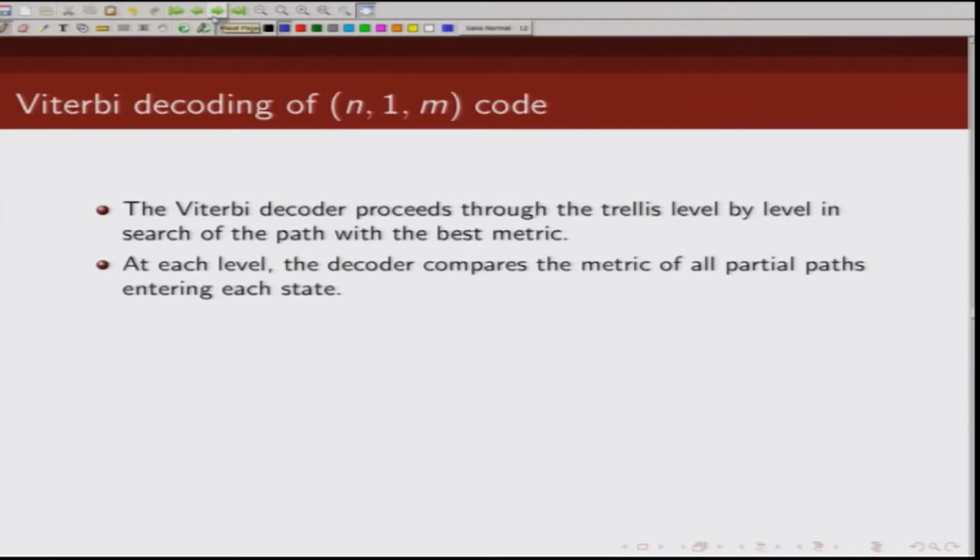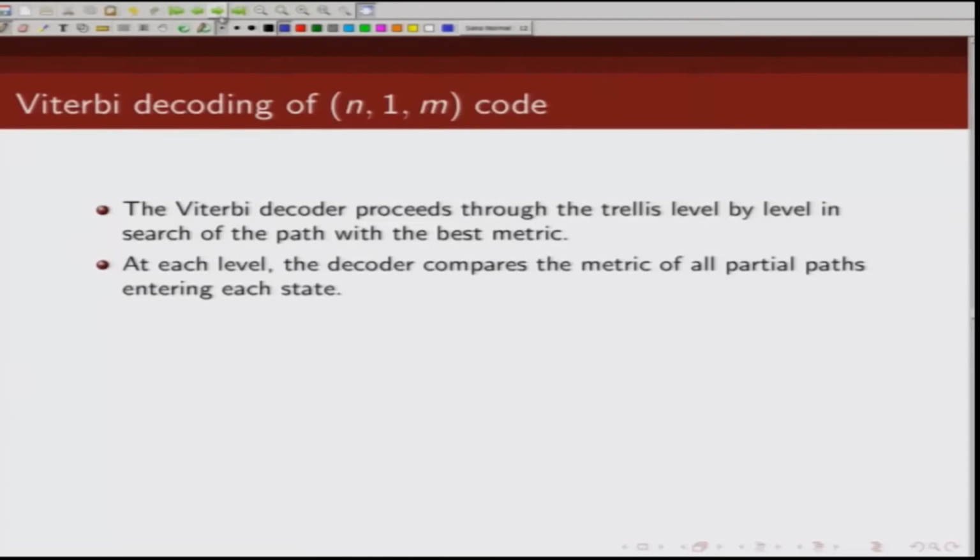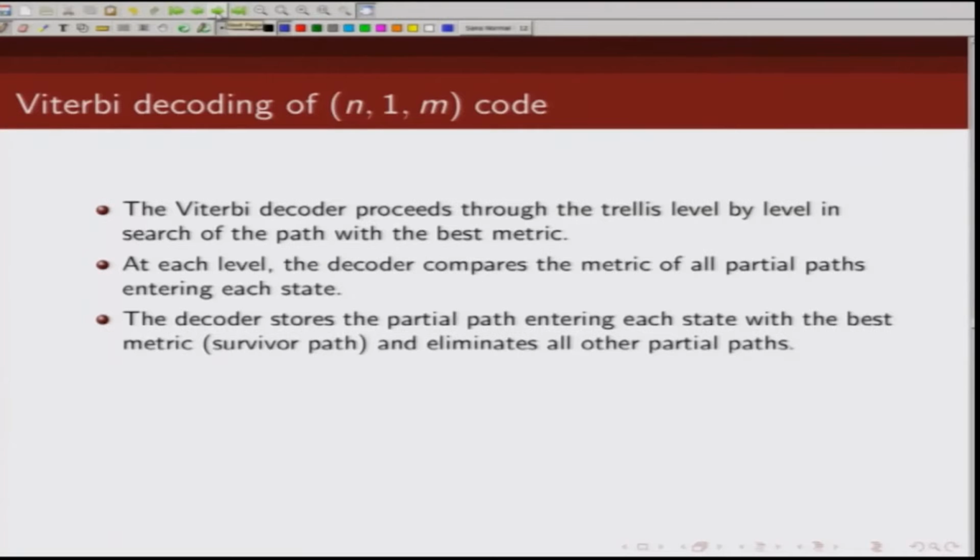So, at each level the decoder is going to compute and compare the metrics of all partial paths entering that particular state, and it is going to choose the one which has the best partial path metric at that time instance. So, the decoder stores the partial path entering each state with the best metric.